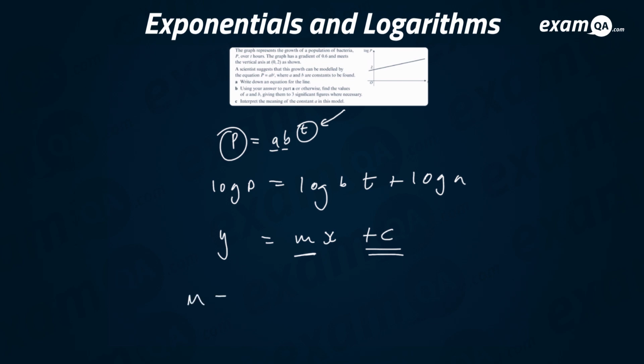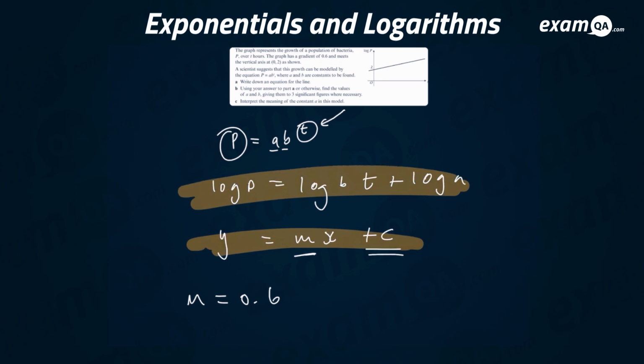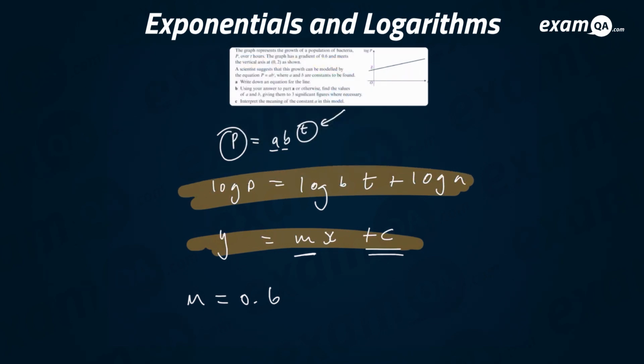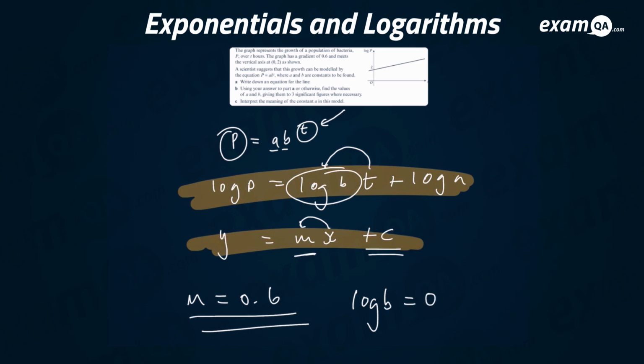When we were doing that rearranging, what did we say the gradient was? It's the thing in front of the variable. What's in front of the variable? Log b. So not only is the gradient 0.6, log b is 0.6.